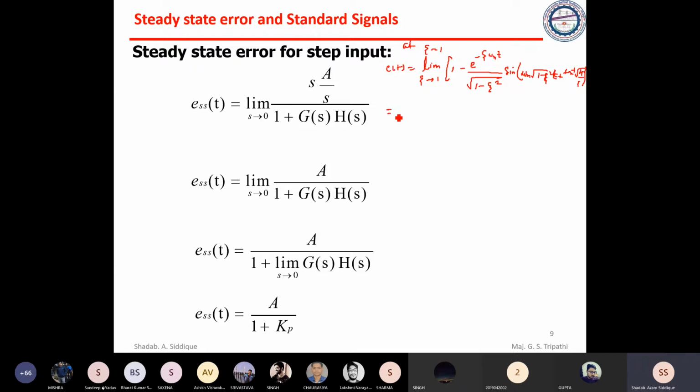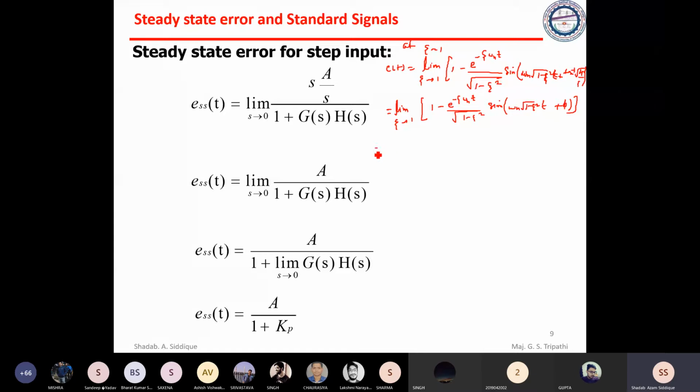So we have the limit zeta tending to 1 of 1 minus e to the power minus zeta omega n t divided by the square root of 1 minus zeta square, and a sine of omega n square root of 1 minus zeta square into t, plus, for the time being, phi. We can find phi after substituting the limit zeta tending to 1, so for the time being we write it in terms of phi only.